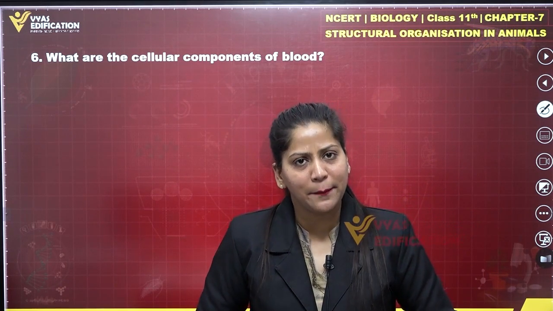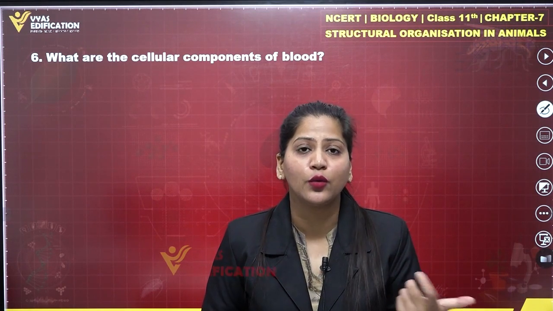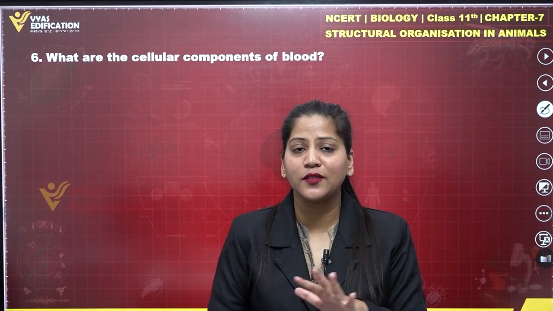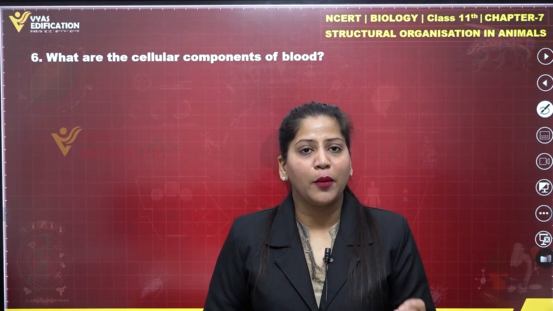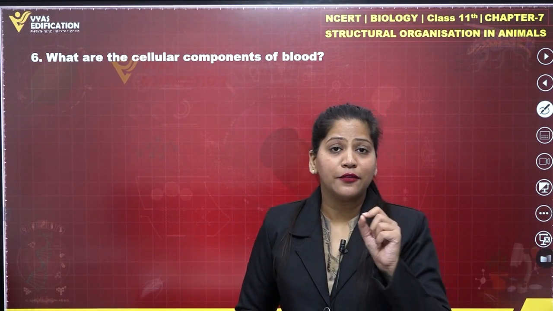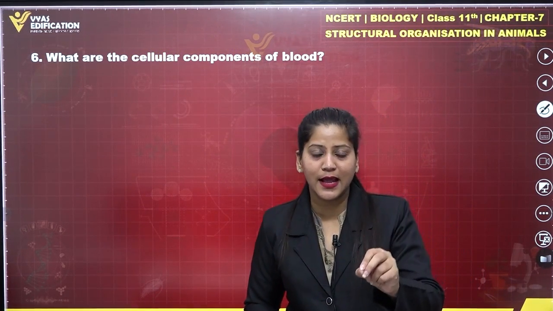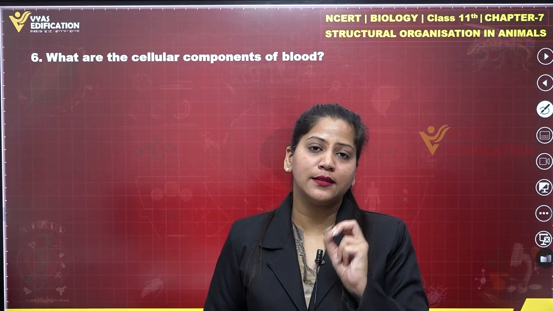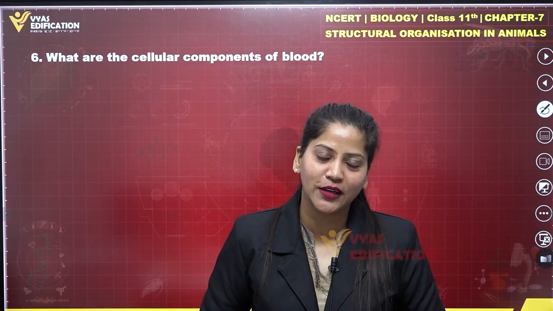If we talk about mammalian erythrocytes, they are enucleated, right? This means they do not have a nucleus. There is no nucleus in the RBCs of mammals. If we talk about the shape, RBCs are biconcave. They are enucleated cells. And what is the main function of RBC or erythrocyte?